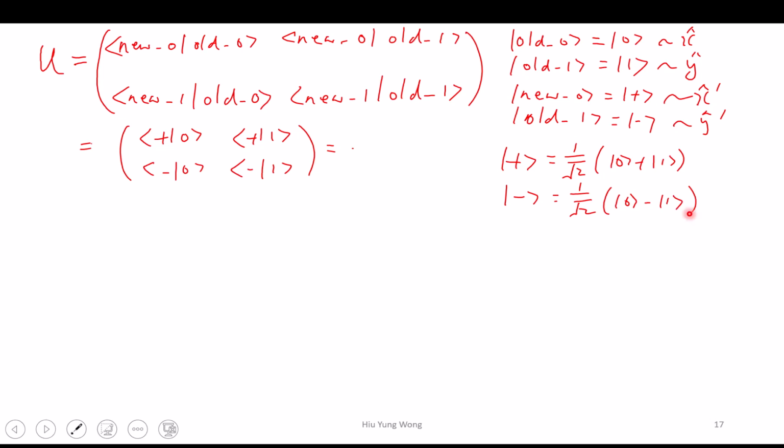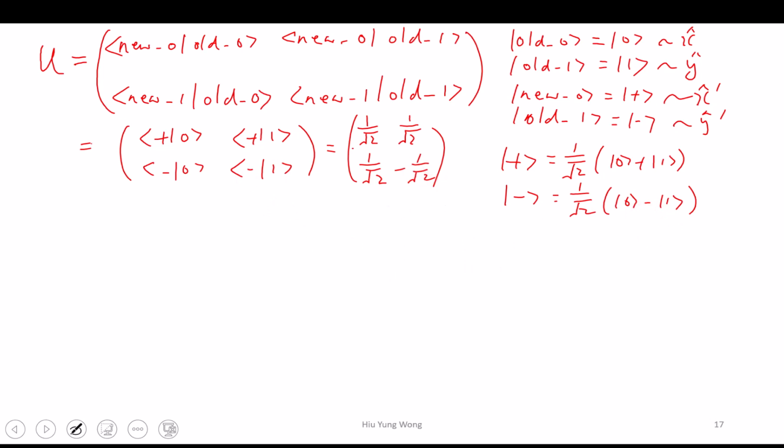The inner product finds the common parts. Since 0 and 1 are orthogonal, you get 1 over square root 2, 1 over square root 2, 1 over square root 2, and negative 1 over square root 2 for the last one.